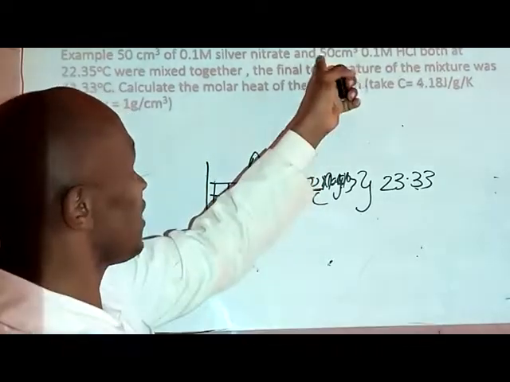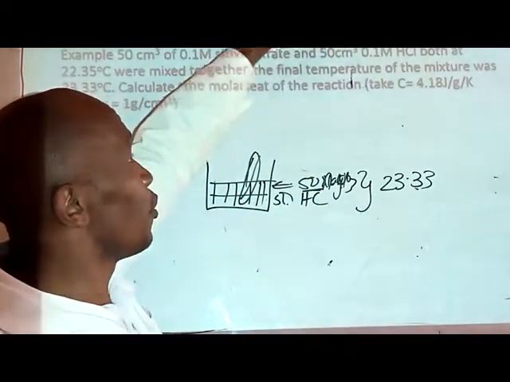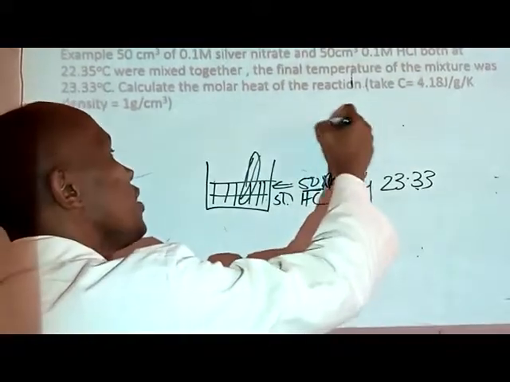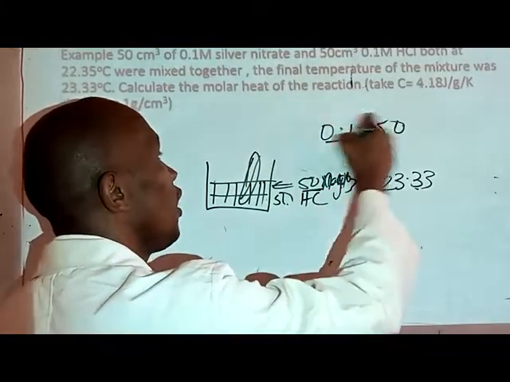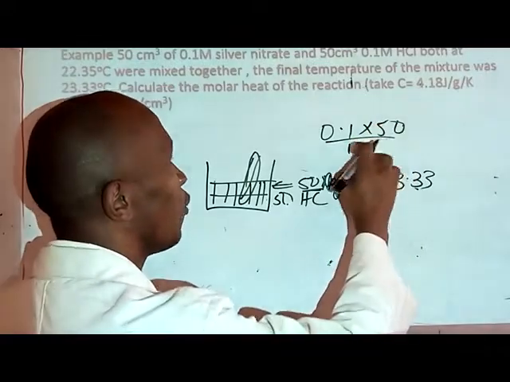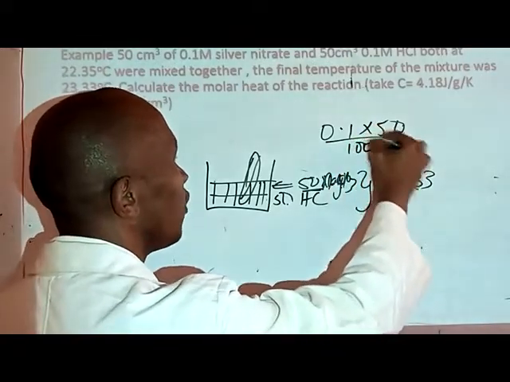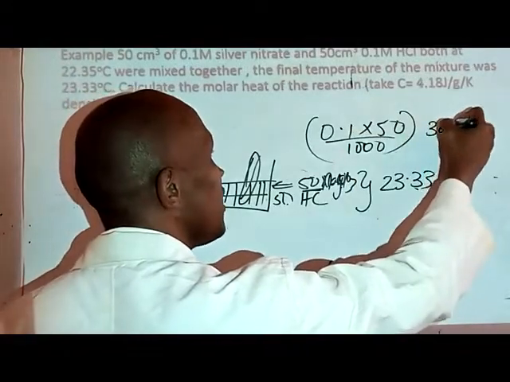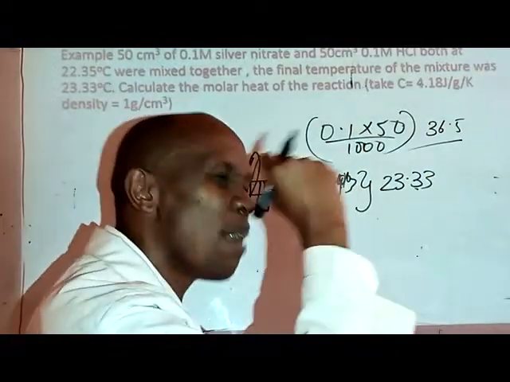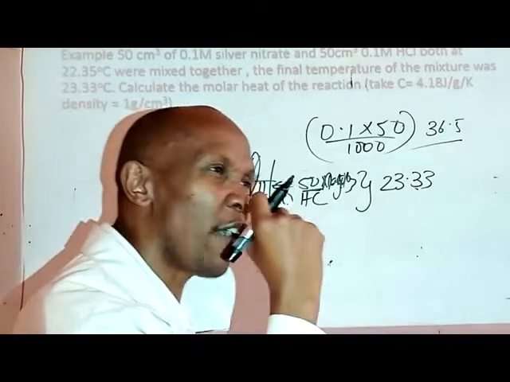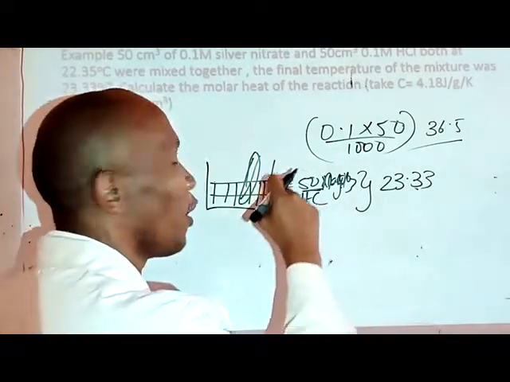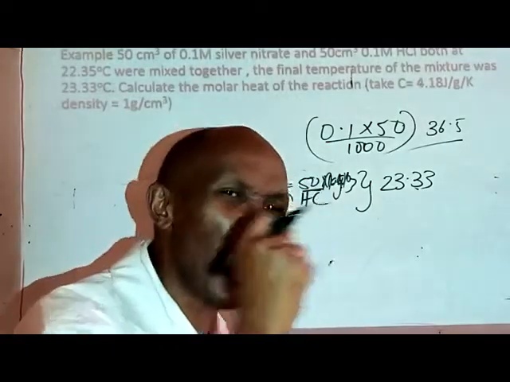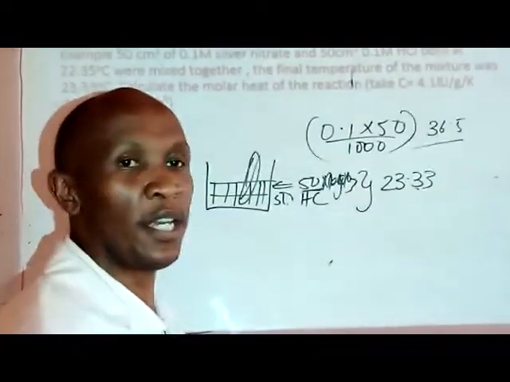I've seen some students go to the extent of working out the number of moles. So 0.1 times 50 over 1,000, those are the number of moles, multiplied by 36.5 to give us the mass of hydrogen chloride. So that is what they want to use as the m value. Did you isolate the hydrogen chloride to measure its temperature?